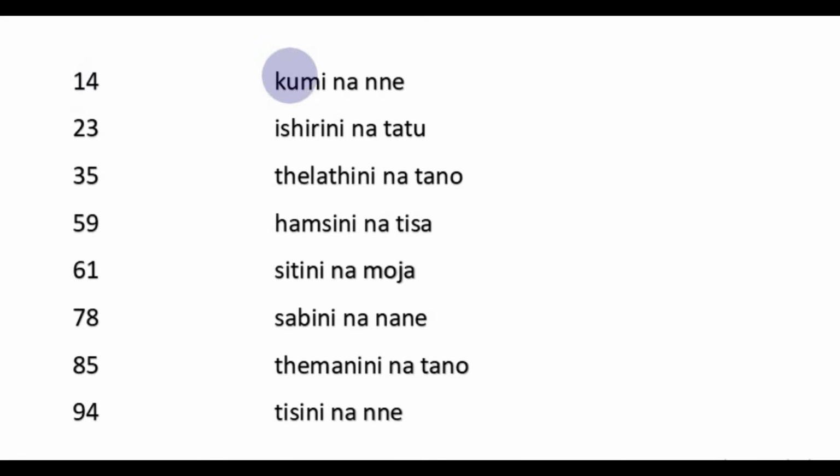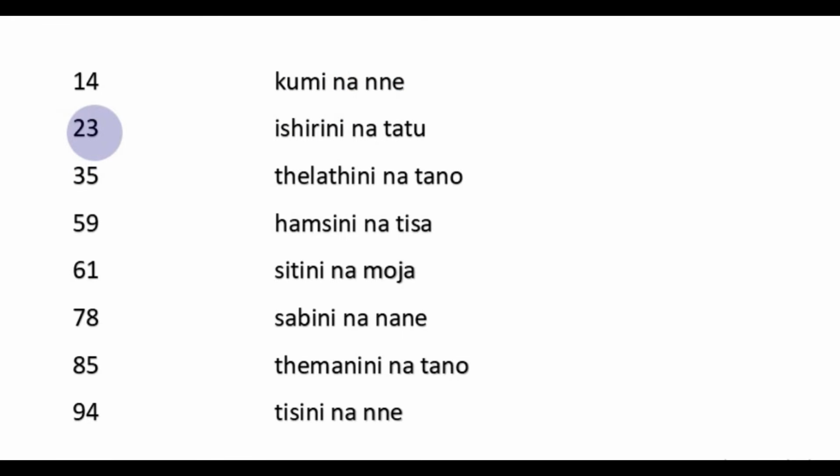So we simply add 10 plus 4. It becomes kumi na nne. Na is a conjunction. That's and. So this is 10 and 4. Kumi na nne.